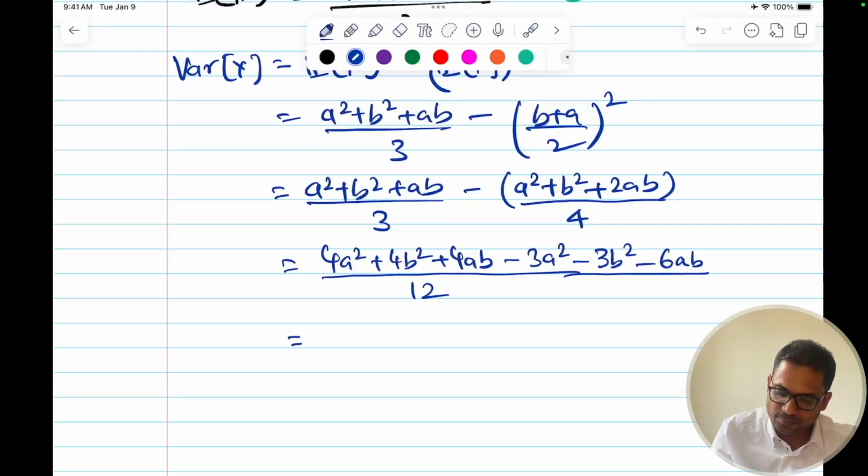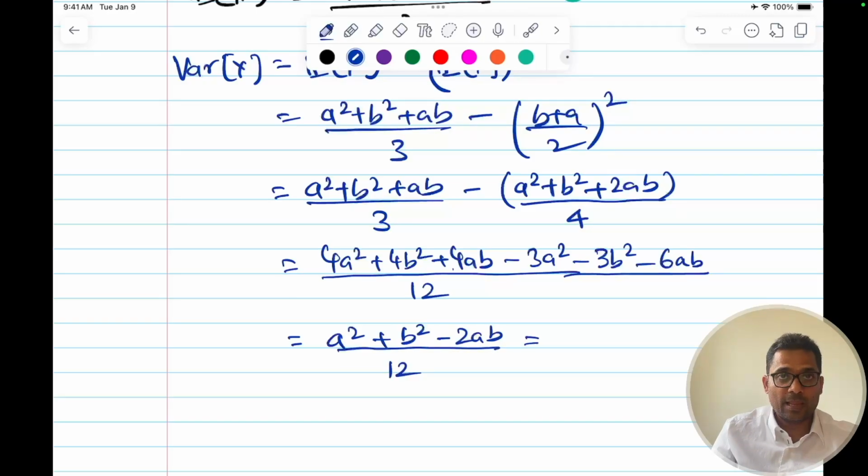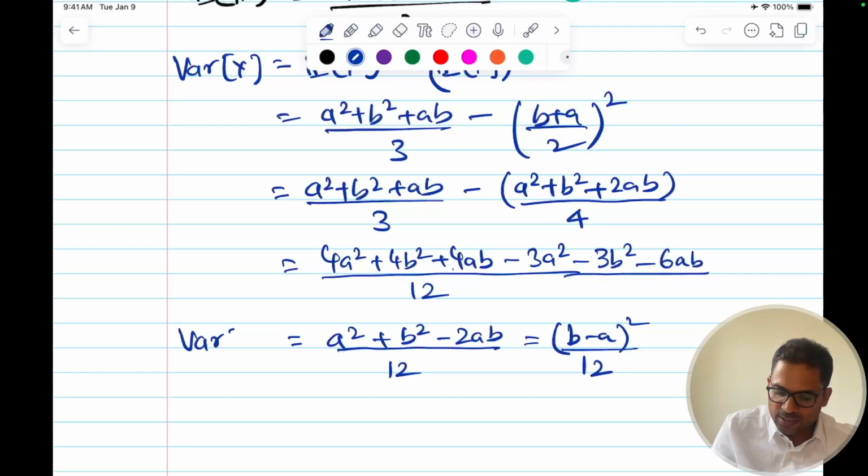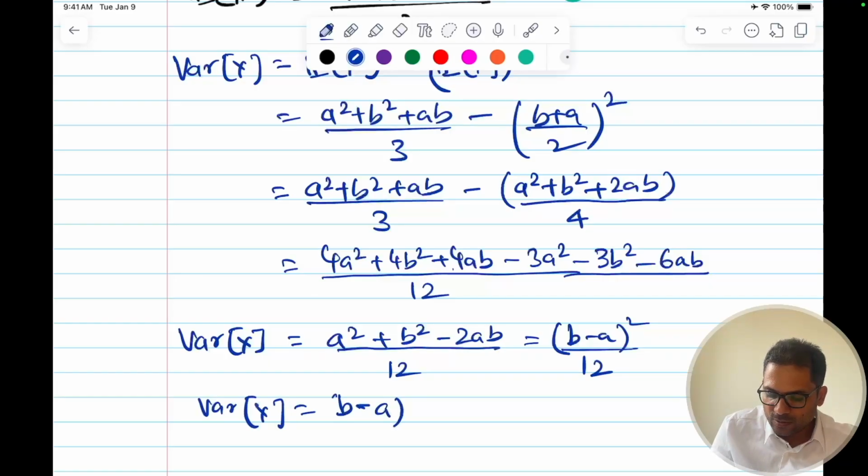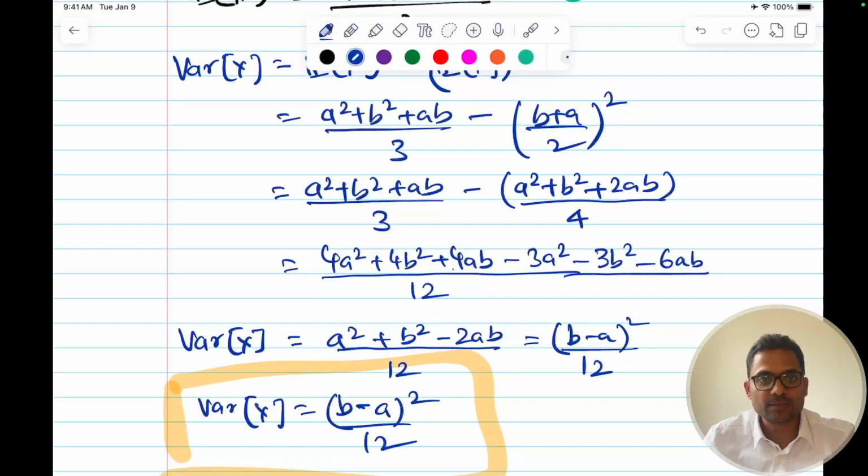What remains? 4a square minus 3a square, a square, 4b square minus 3b square, b square, plus 4ab minus 6ab, minus 2ab, by 12. Is it not the a minus b whole square formula? We can do it in reverse also. It's the same thing. A minus b or b minus a, the square is always positive. So this is your variance of x. So again, I'll write it as variance of x for uniform is b minus a whole square by 12, and that is the formula, hence proved.